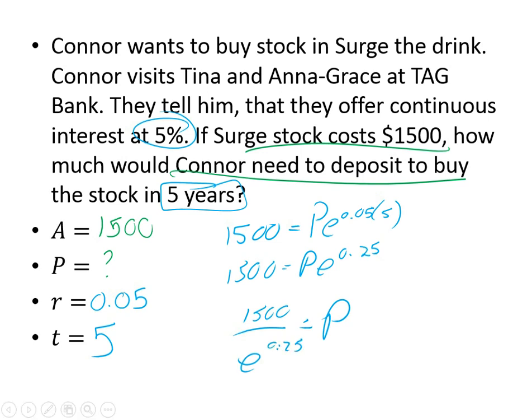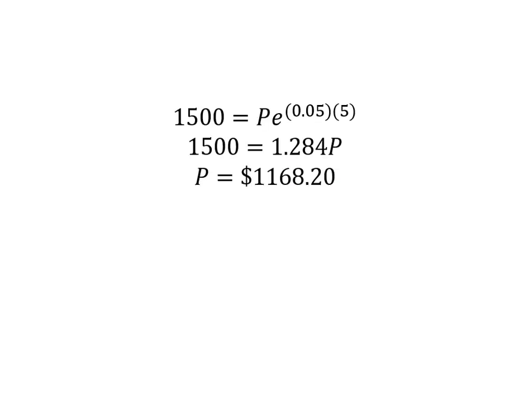And so when you type this into your calculator, you'll just go e to the power of 0.25. And then when you solve it, you end up seeing that you get about $1,168.20. So that's how much he would have to deposit into the bank to be able to get $1,500 in 5 years.